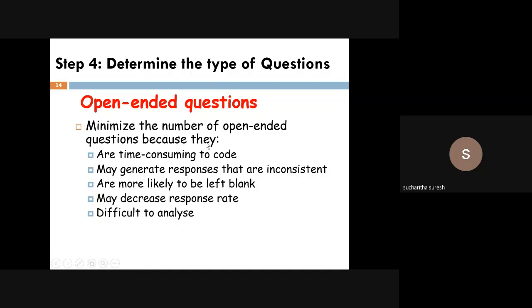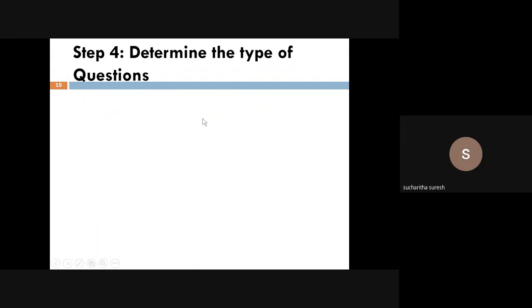That's why, don't think that I prepared the questionnaire like that. But if everything is open-ended, nobody will answer. You don't get any response for that. So closed-ended questions are better, but it is troublesome for the researcher. Why? They have to prepare what are the options to be given.